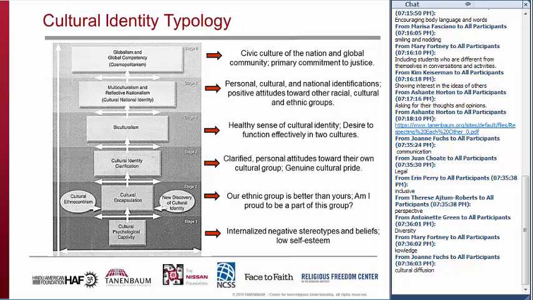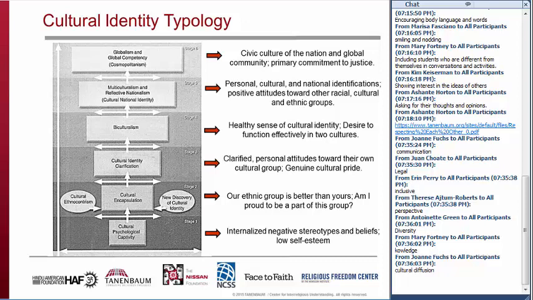We move to the next phase, cultural identity clarification, the stage where a person clarifies for themselves, develops their own attitudes about their own group, separate and apart from what others in the group say. It is the development, and also the experience and expression, of genuine cultural pride within that group.